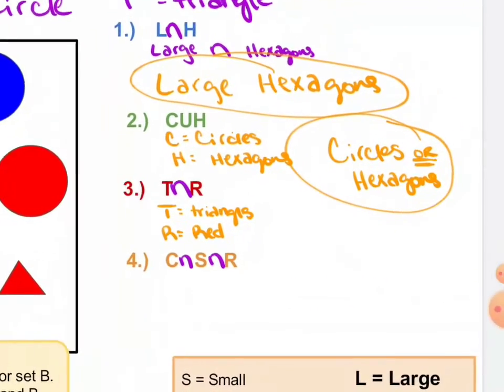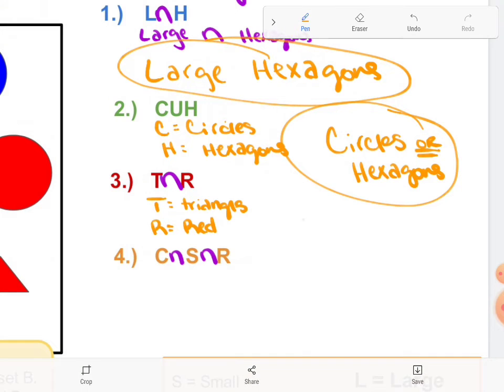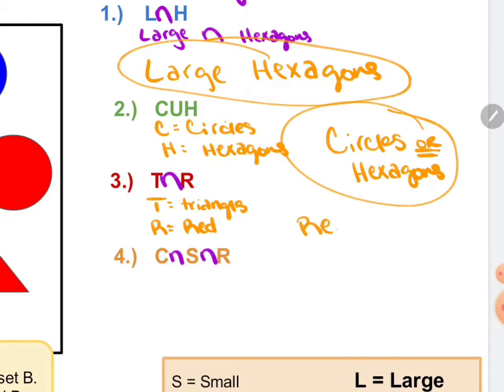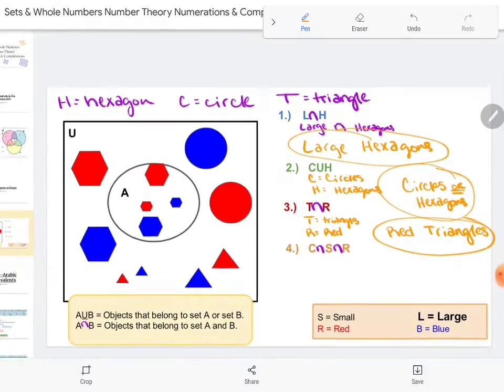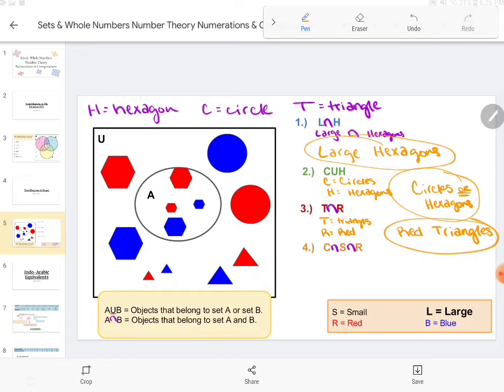So it's safe to assume that our answer is going to be red triangles. We'll circle that.